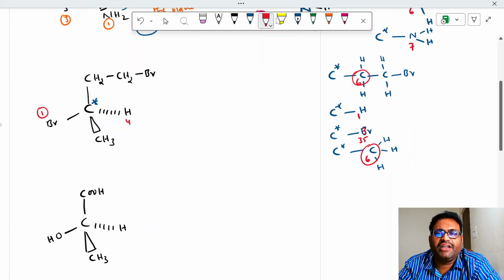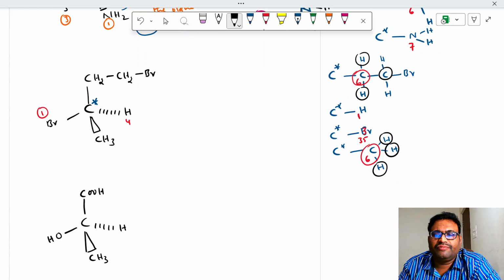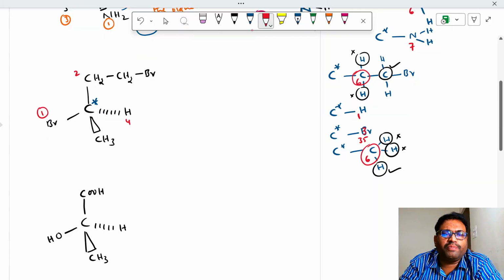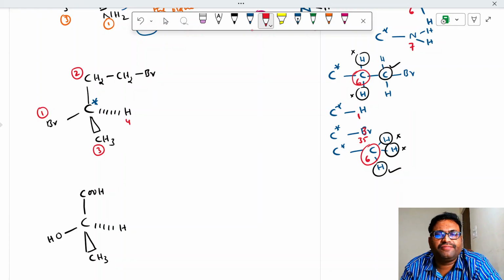Here hydrogen, hydrogen, carbon, whereas here these three are hydrogens. Two hydrogens let us cancel. The other one is carbon here, and the other one is hydrogen here. So among CH2Br and CH3, which should have more priority? This must have more priority, second priority, and the third priority is to be given to this. Understood? Okay.